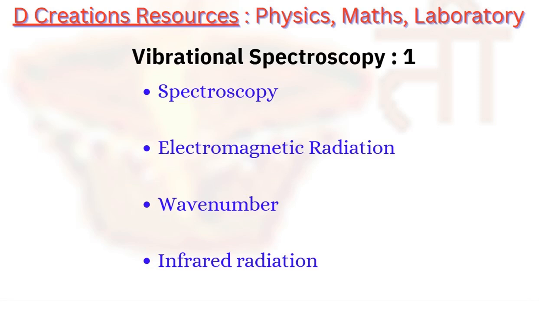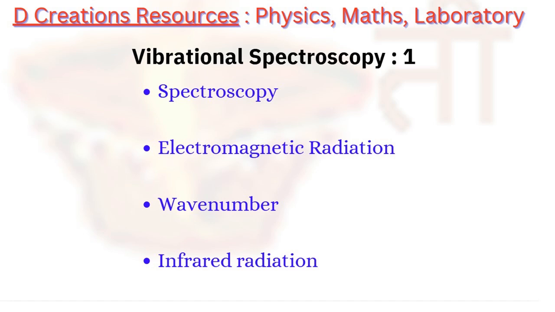But basically, we know that spectroscopy deals with the interaction of electromagnetic radiation with matter. So, consider a sample on which electromagnetic radiation is incident. Now, suppose certain energy quanta from the electromagnetic radiation is absorbed by this sample.